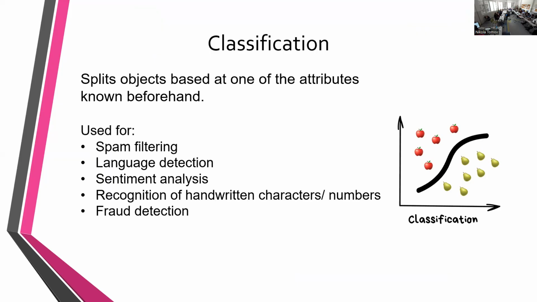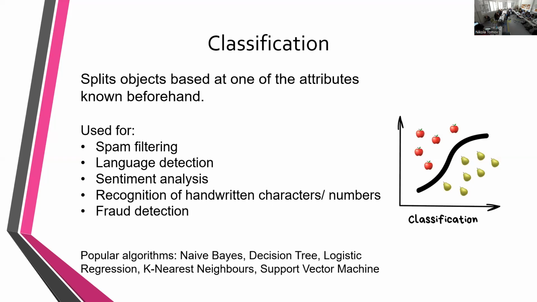This is used for spam filtering, language detection, sentiment analysis, recognition of handwritten characters that Maria mentioned before, and fraud detection. And you have some names of popular algorithms over here.